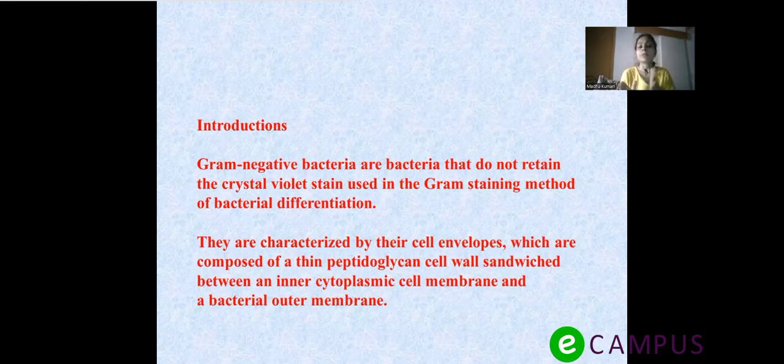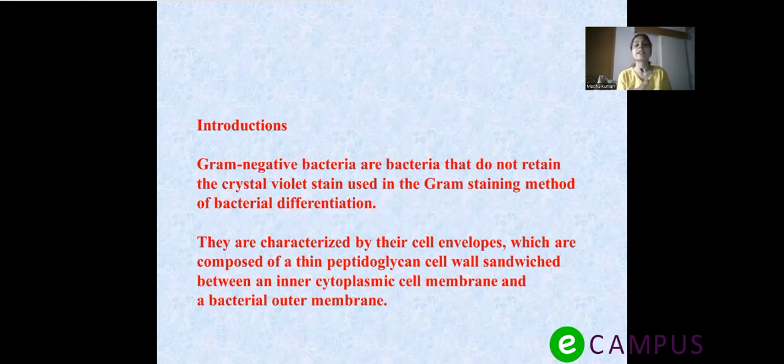Gram-positive bacteria have a thick peptidoglycan layer in their cell wall, whereas gram-negative bacteria have a thin peptidoglycan layer in their cell wall. Clear?